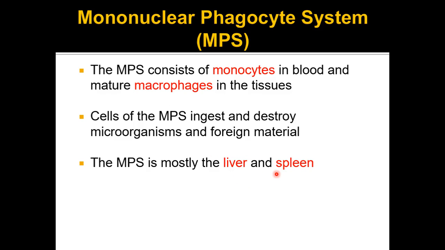And basically what those macrophages are doing are looking for microorganisms or damaged red blood cells or what have you, foreign material, and then they will phagocytize those things and destroy them. So that's one of the functions of the spleen, but also the liver participates in that function as well. And these two organs, with their specialized macrophages, comprise what we call the MPS, or mononuclear phagocyte system.